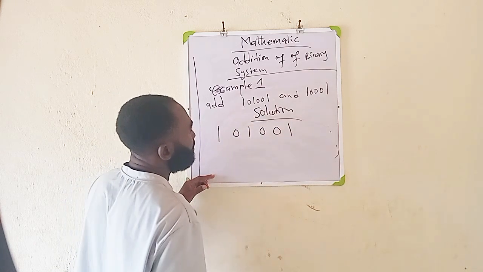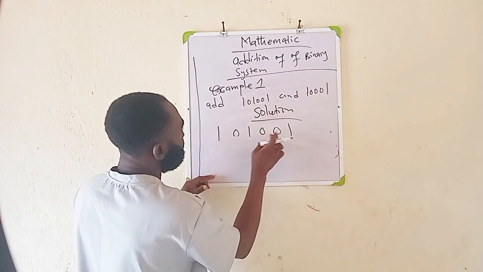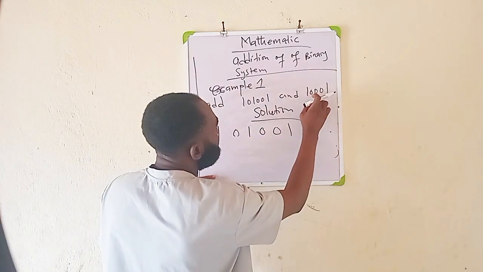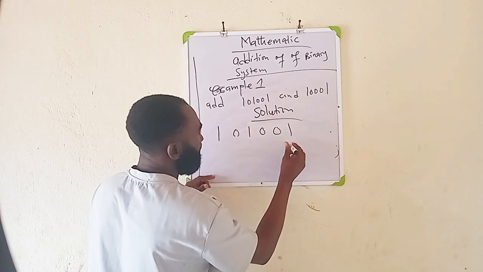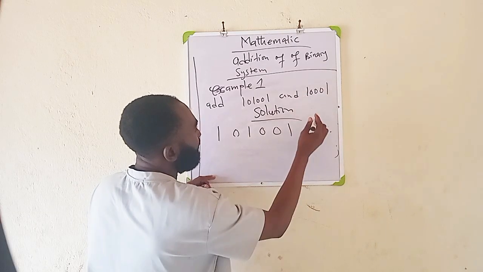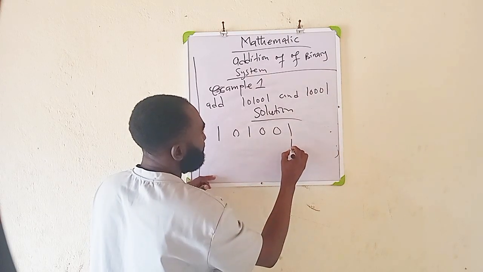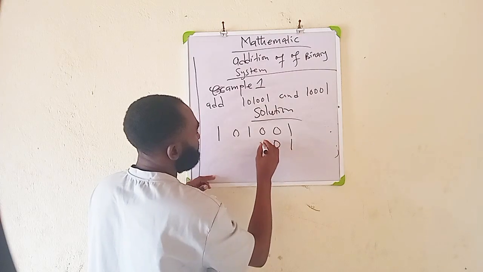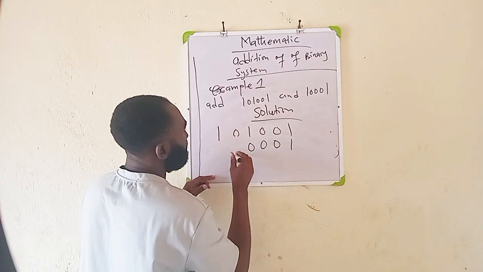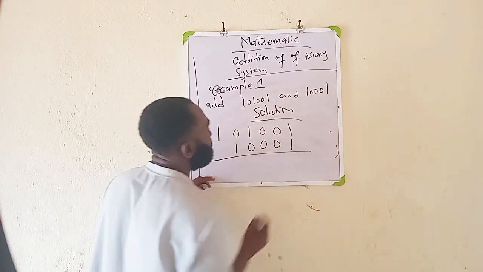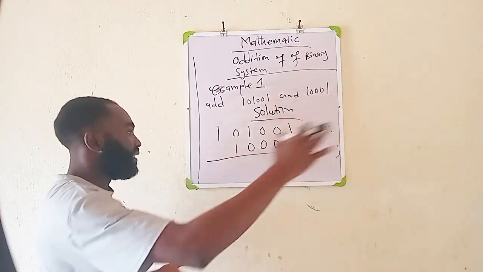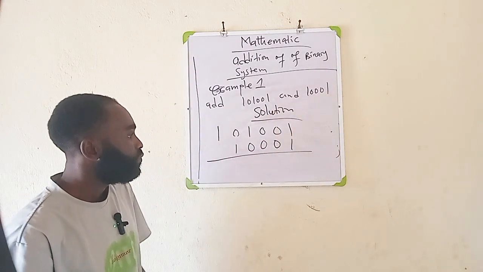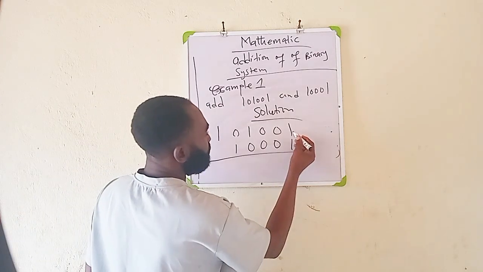Let's count: 1, 2, 3, 4, 5, 6. Then we draw this line here, because you start the arrangement from the right-hand side back to the left-hand side.